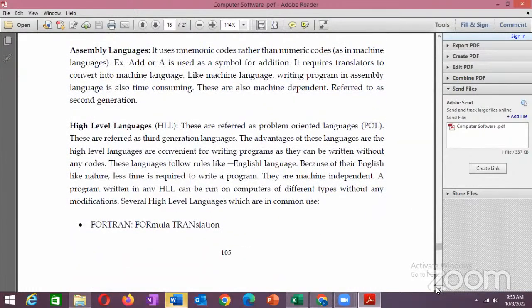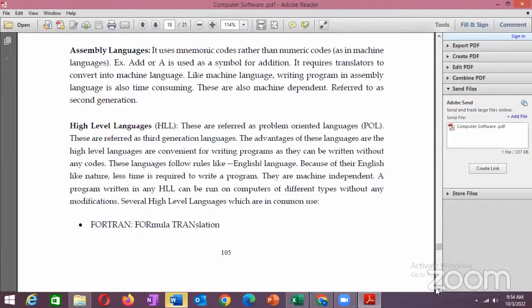So we have now what we call the high level programming languages, and I tell you they are more user friendly. They use English language statements to come up with the program. You write the source code using that. They are machine independent, meaning that when you write a program on one machine, you copy it to the other, it can still run.